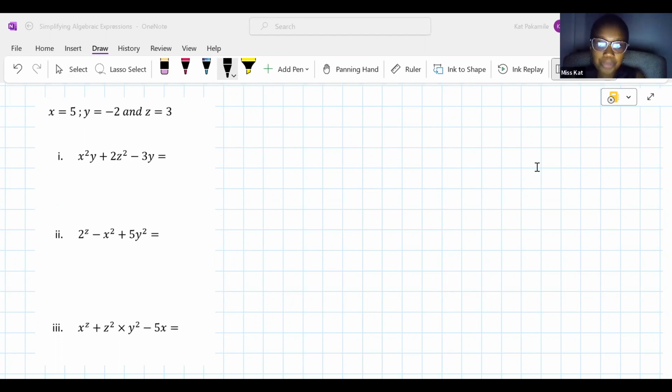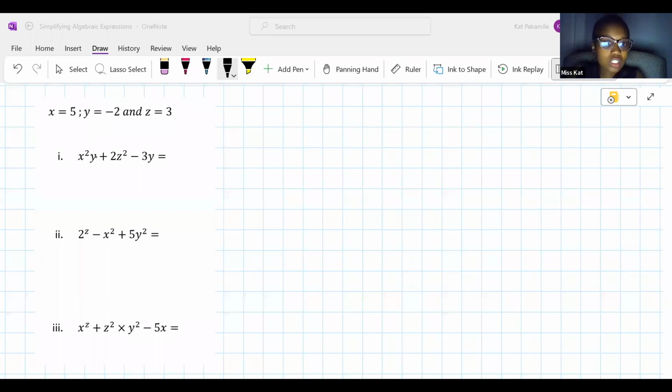Ma'am, what can this help with? Like one sum, ma'am, for this type of work. Yes. So you check if there's brackets. Are there any brackets? No, right? No, ma'am. So then you move on to exponents.